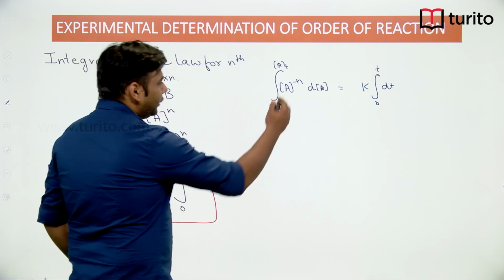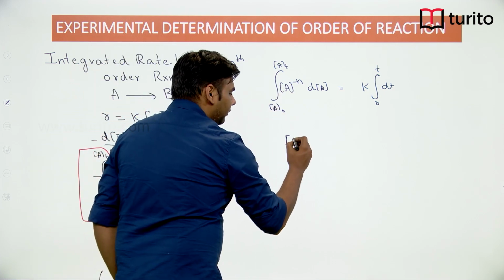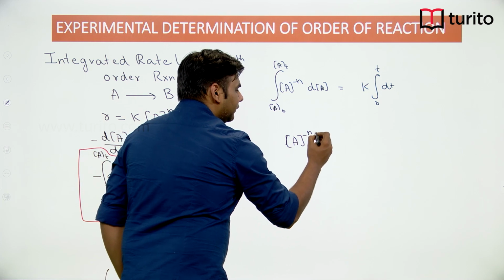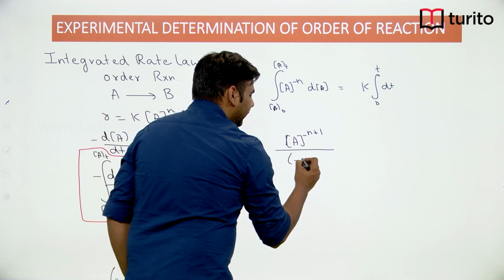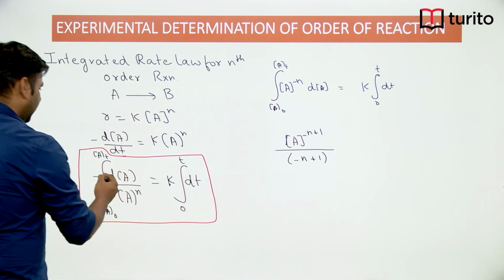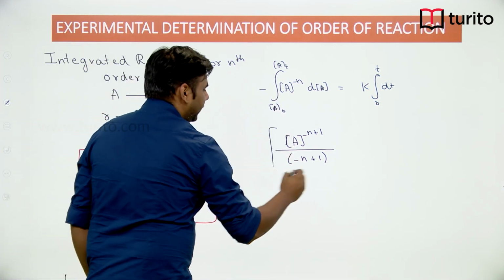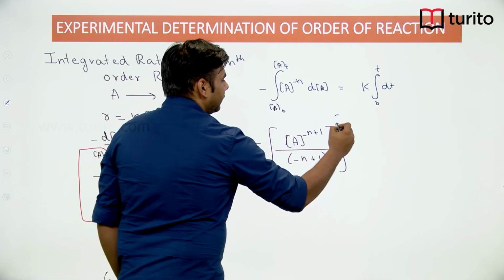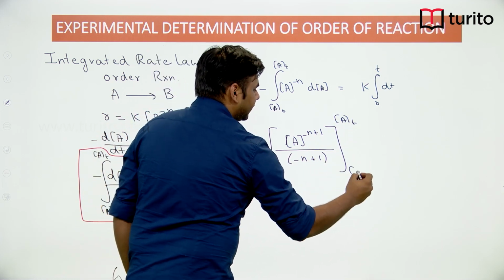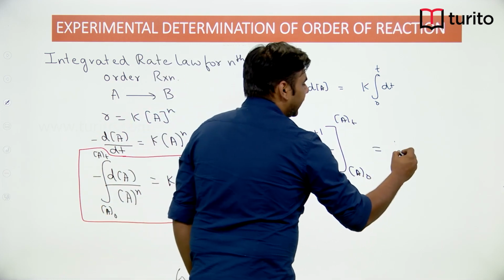When you do the integration of this, it will become A raised to power minus n plus 1 divided by minus n plus 1. We are missing a minus sign over here, so this is what we'll get on integration, and we'll just adjust this minus sign.